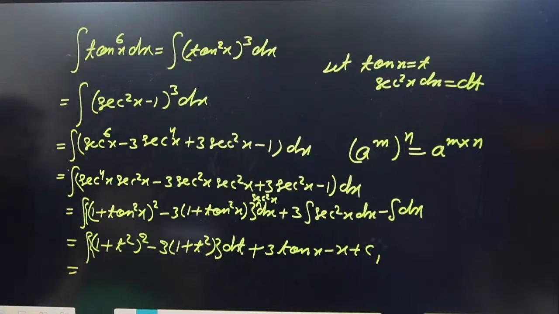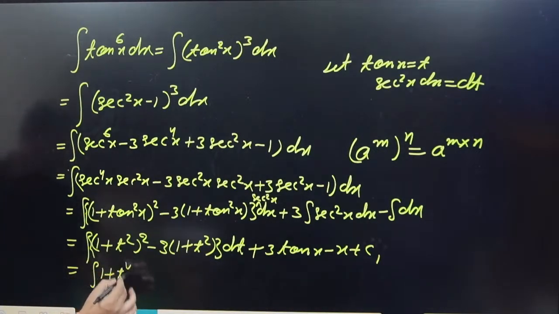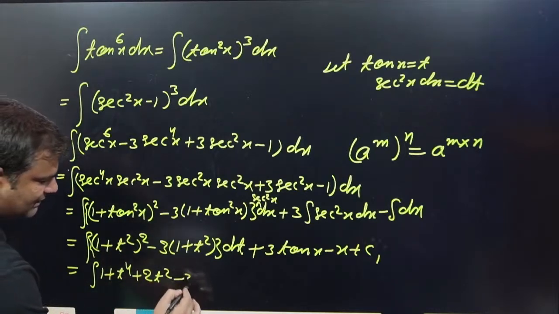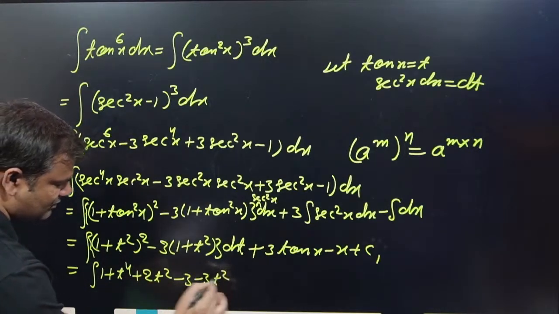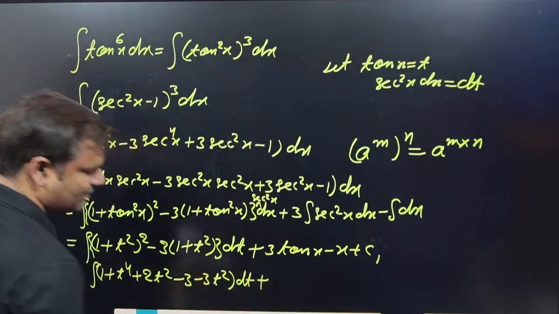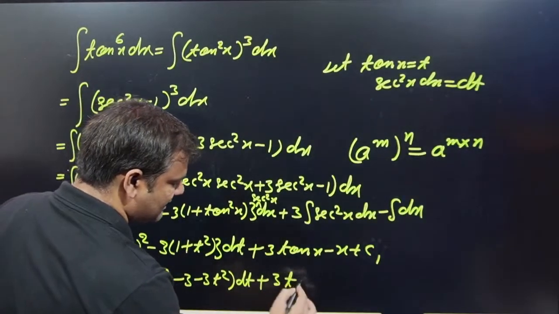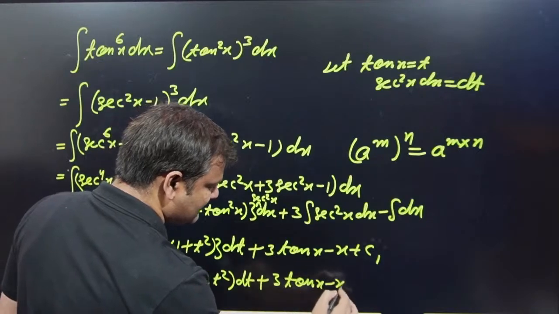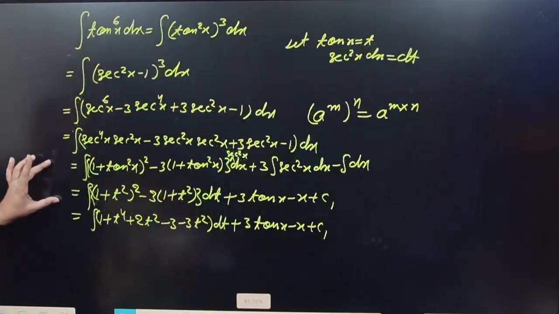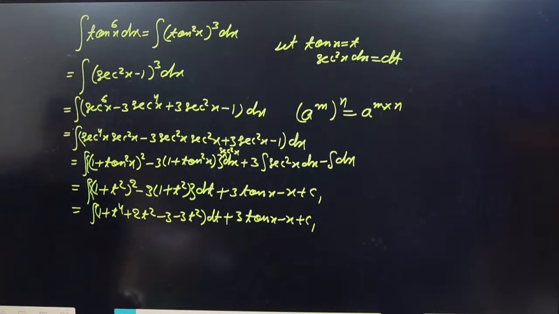This one is written as 1 plus t to the power 4 plus 2t square, and that is 3 minus 3 t square dt, plus this one 3 tan x minus x plus c1. Okay, look here very carefully.